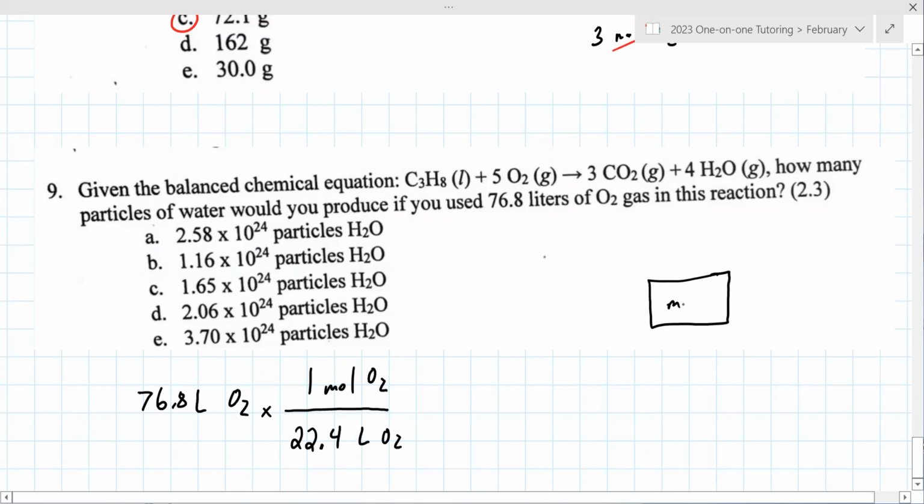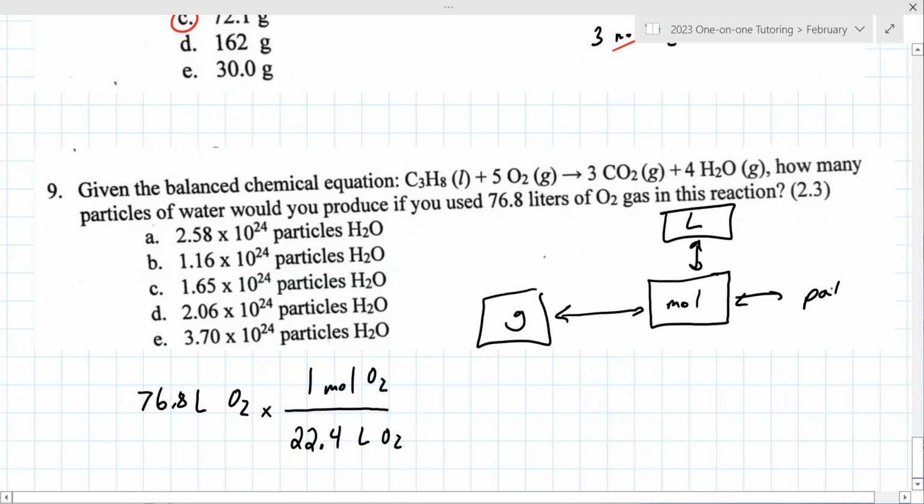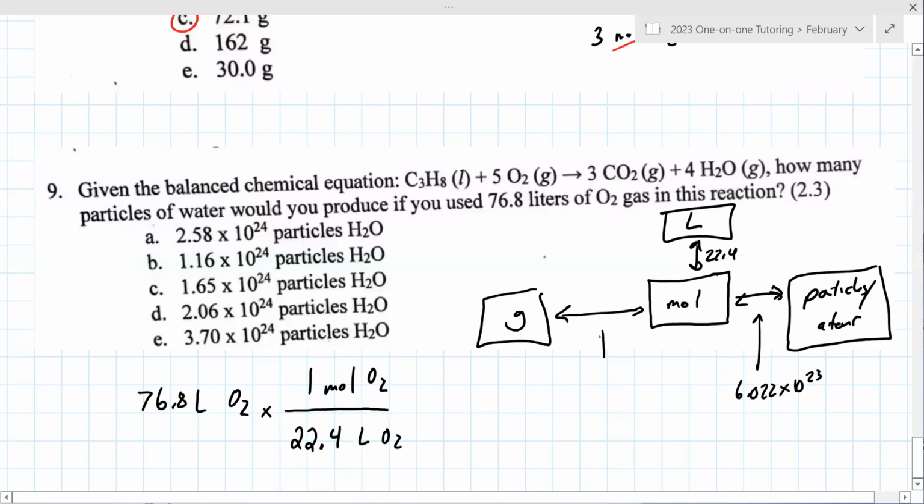Here's moles, and here's grams. You can always go back and forth. Here's liters, and these are particles or atoms. The conversions are 22.4, Avogadro's number, 6.022 times 10 to the 23rd, and the molar mass.